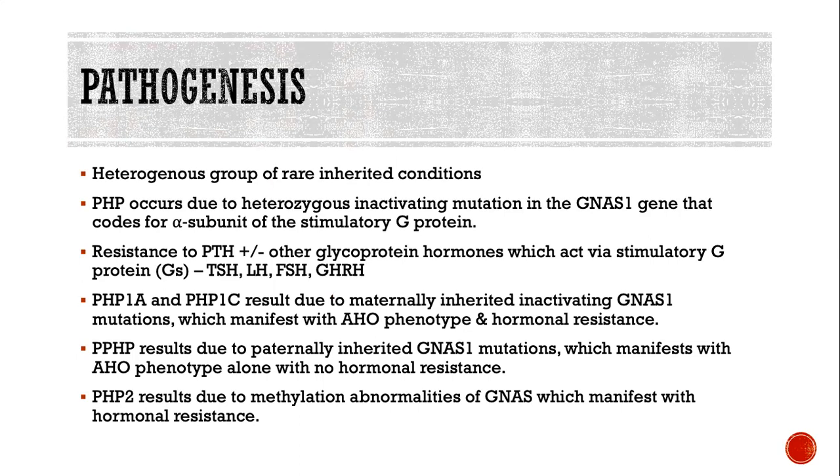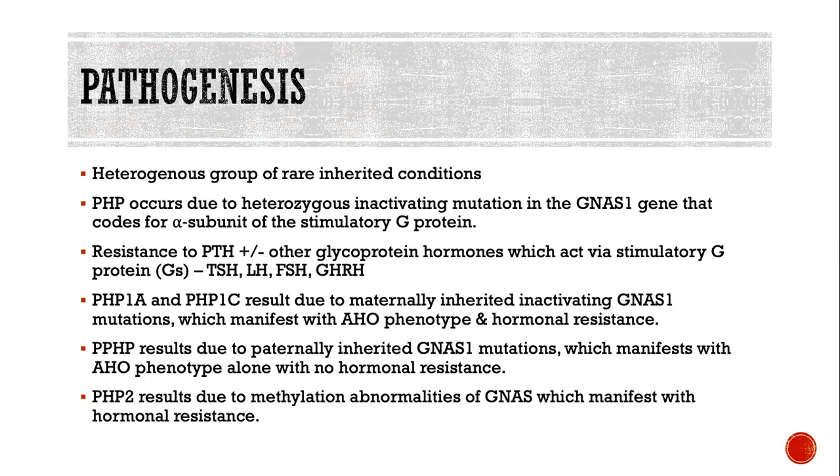Pseudohypoparathyroidism is a heterogeneous group of rare inherited disorders. It occurs due to a heterozygous inactivating mutation in the GNAS1 gene that codes for the alpha subunit of the stimulatory G protein. There is resistance to PTH plus or minus other glycoprotein hormones which act via stimulatory G protein such as TSH, LH-FSH, and growth hormone releasing hormone.